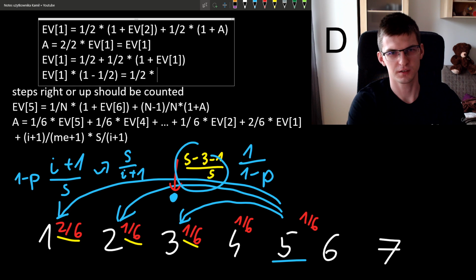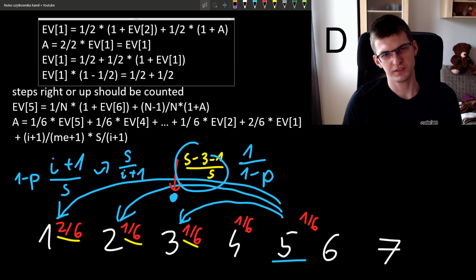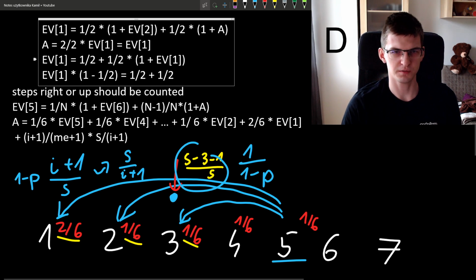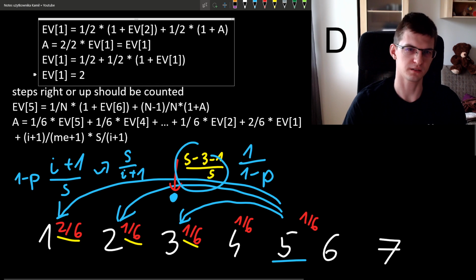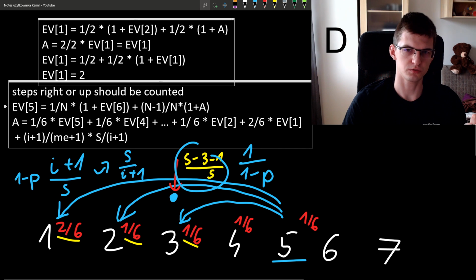Half plus half. What do we get from that? EV of 1 is 2. 2 is equal half plus half times 3. Yes, EV of 1 is 2. And that's correct.